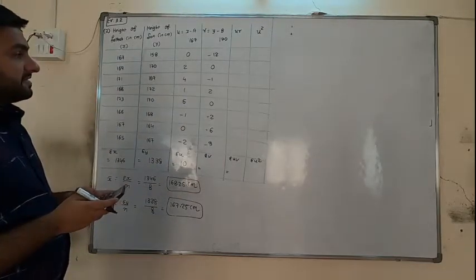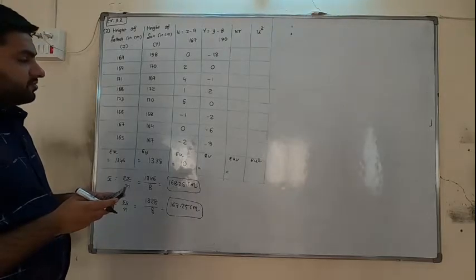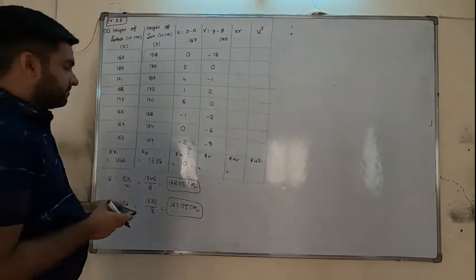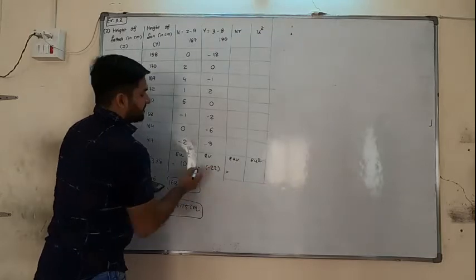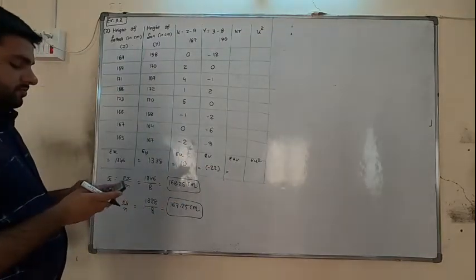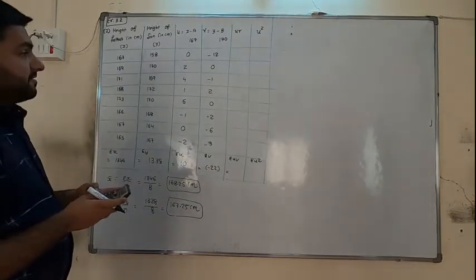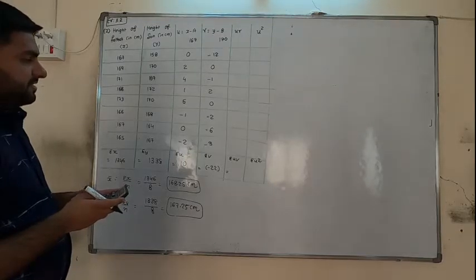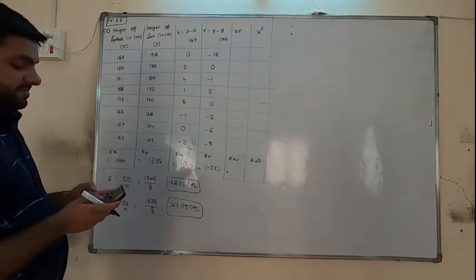Adding minus 12, minus 1, plus 2, minus 2, minus 6, minus 3, it's minus 22.